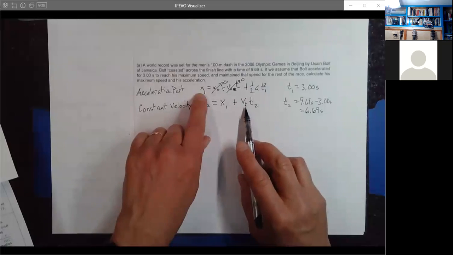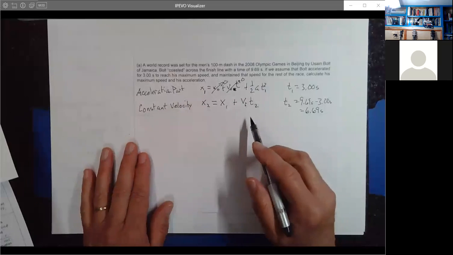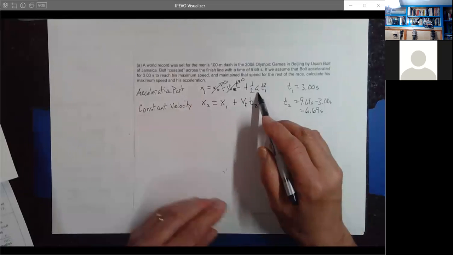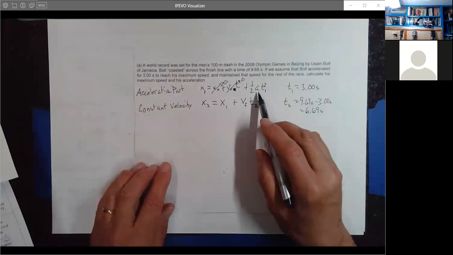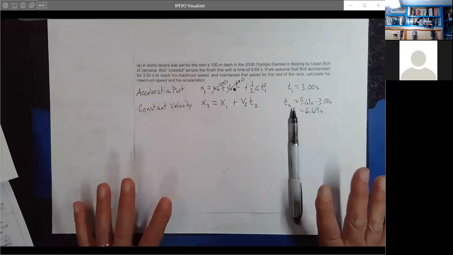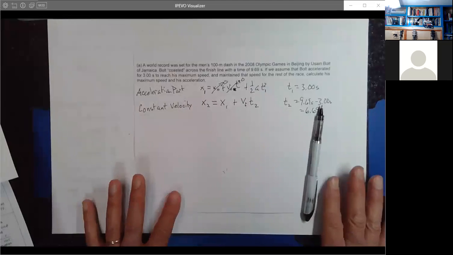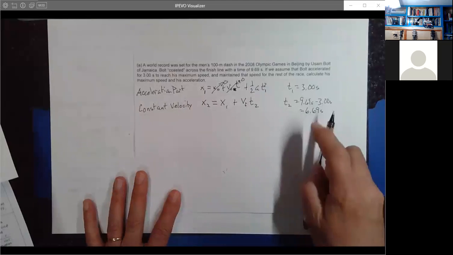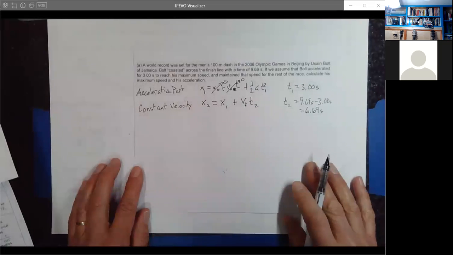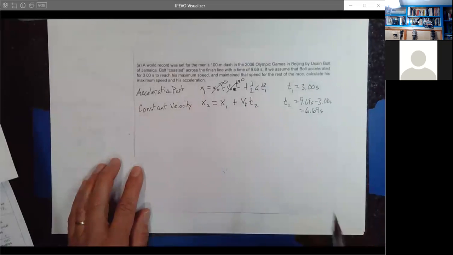And I also don't know x1, so I've got 2 unknowns so far, 3 actually, if you count the a there. So in general, you need at least 1 equation for every unknown that you happen to have. And so far, I've only got 2 equations, and I've got 3 unknowns.